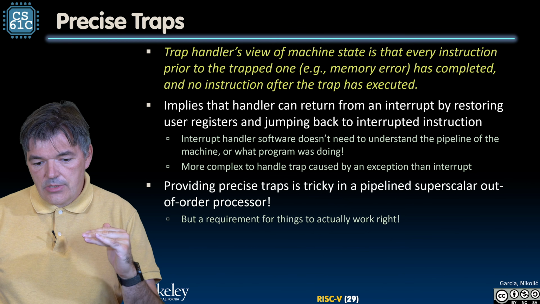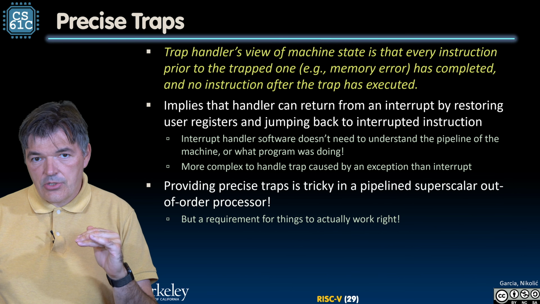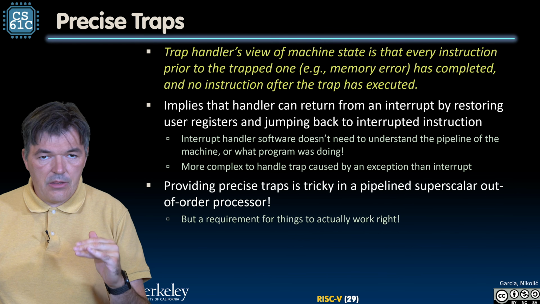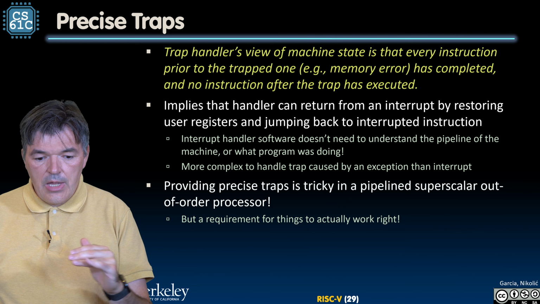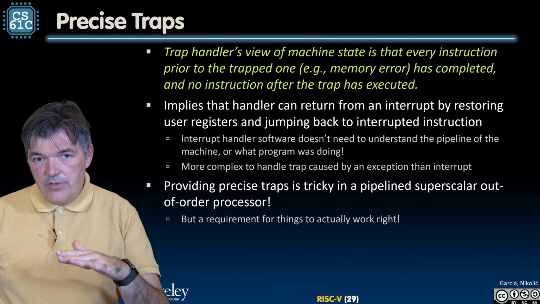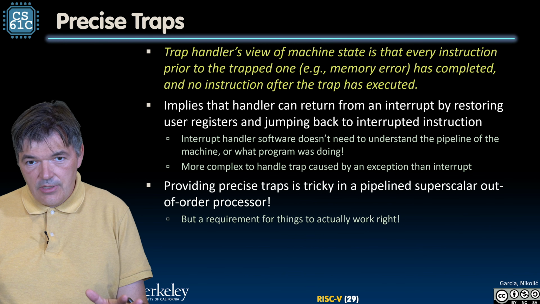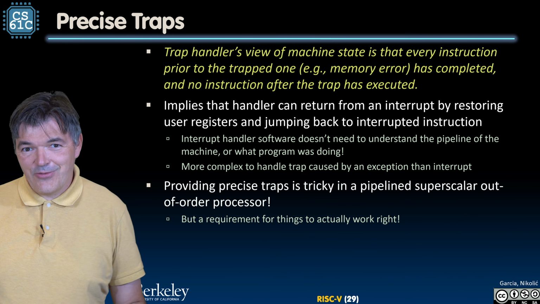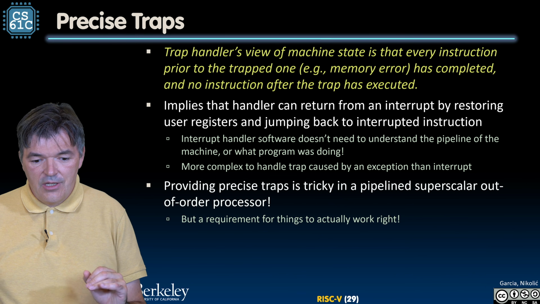So the trap handler's view of the machine code state is that every instruction that precedes that trap has been completed, has been executed, and none of the instructions that follow have started their execution. That sounds relatively straightforward, although it's not that straightforward in superscalar processors where we have multiple instructions in flight.